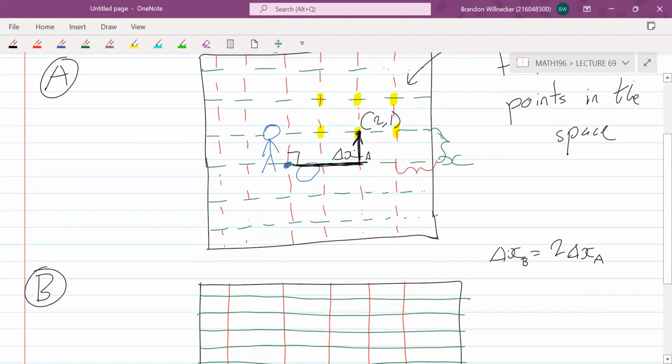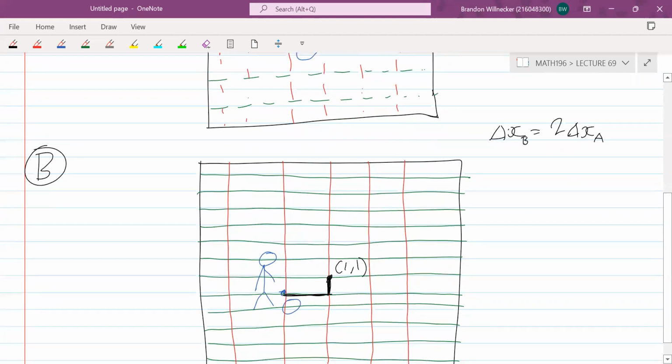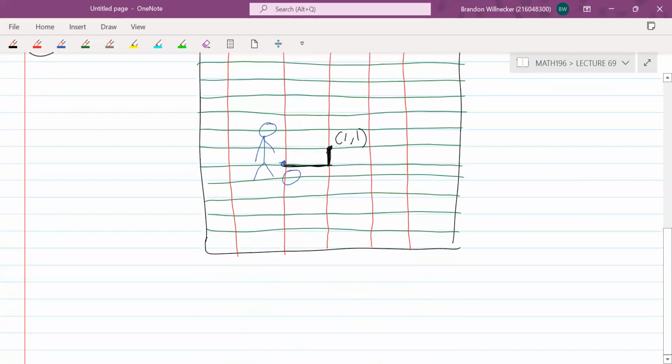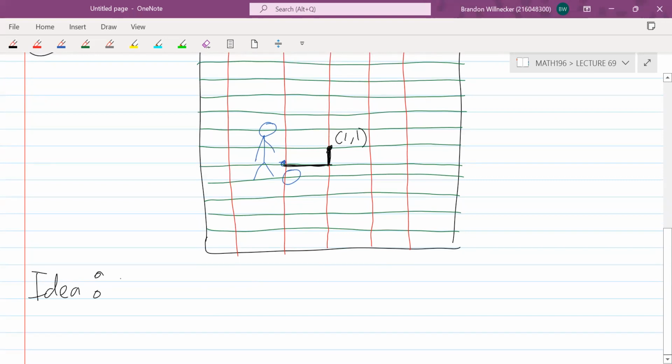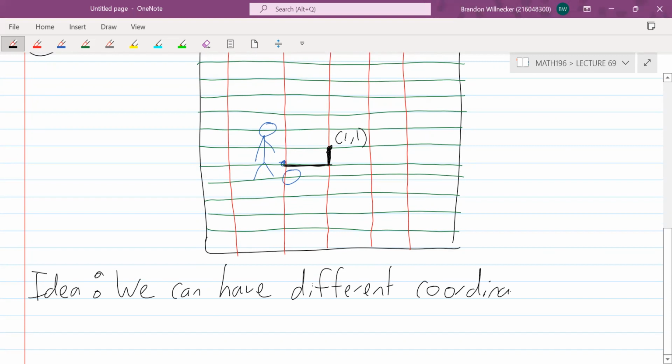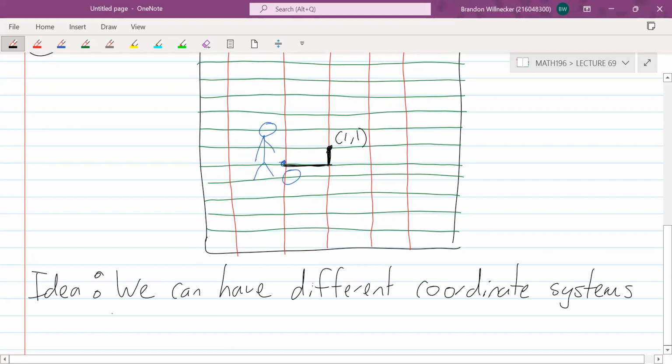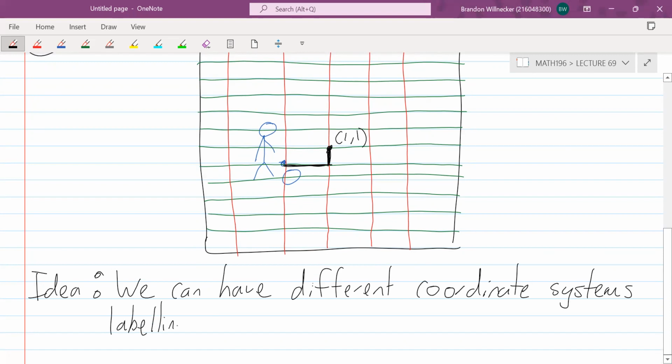But the idea is that in the A system, the label was 2, 1. In the B system, the label is 1, 1. They're different labels, but it's exactly the same point. Okay, so the idea is we can have different coordinate systems labeling the same points.